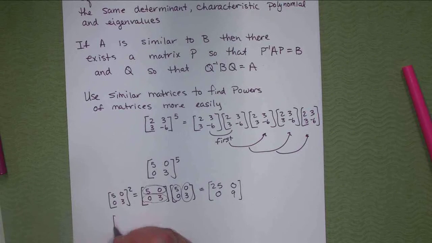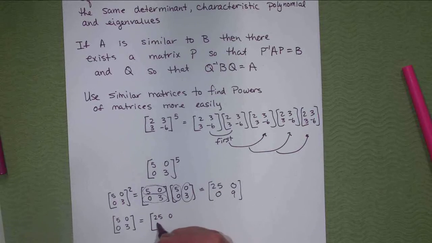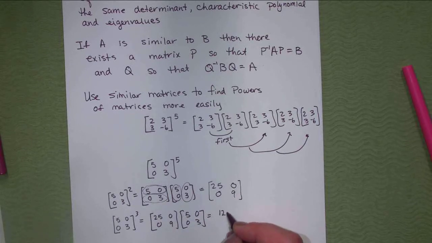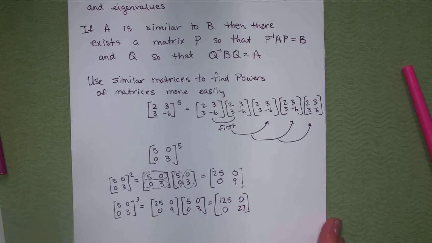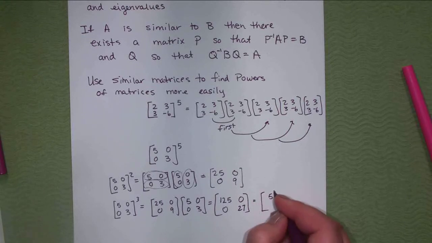So what if we had cubed? What do you think? There's squared, and then times it by another one. We end up with 25 times 5, which is 125, 0, 0, and 9 times 3 is 27. Right, which is 5 cubed, 3 cubed.